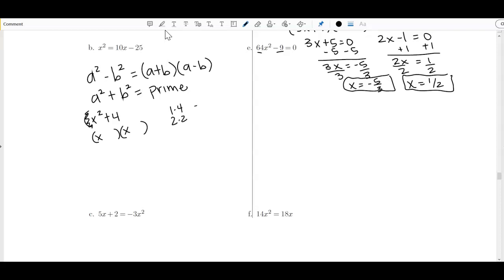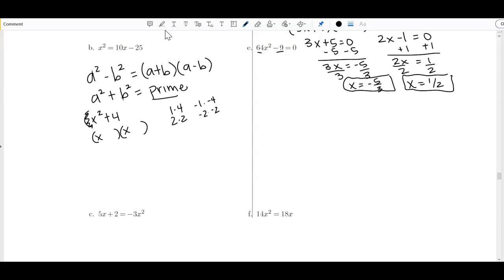We could also have negatives, -1 times -4 or -2 times -2, but none of these will add up to be 0. So there's no possible way to do that. I just want to make sure that's clear. If it's connected by a plus sign, you don't have to do anything, you just write it's prime, because it cannot be factored. But on this one we have a subtract sign.